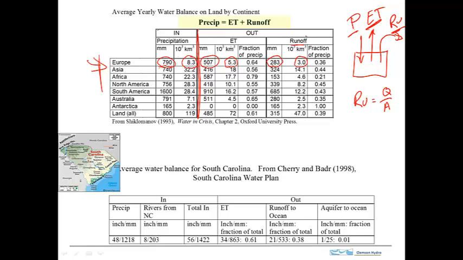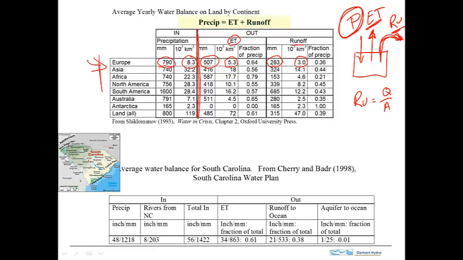One thing too that I'm showing in this table is the ET written as a fraction of precipitation. In all cases, the precipitation here is the way that water is getting in. So what we're interested in is how much of it is coming out as evapotranspiration and how much of it is coming out as runoff.